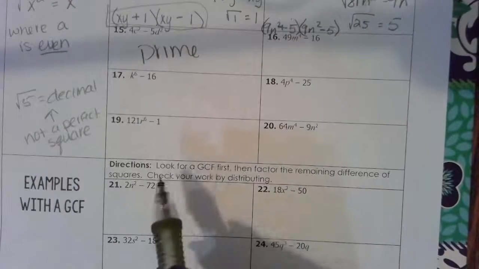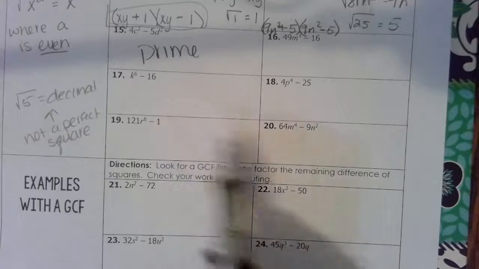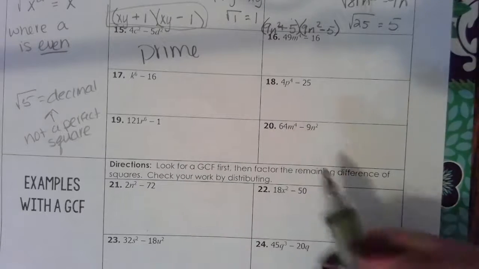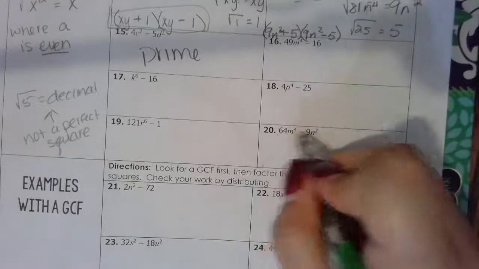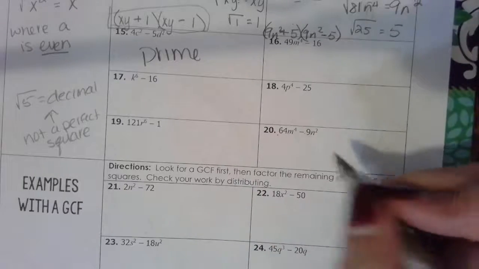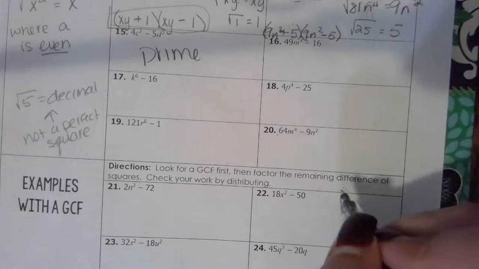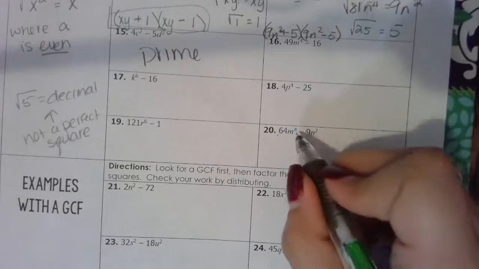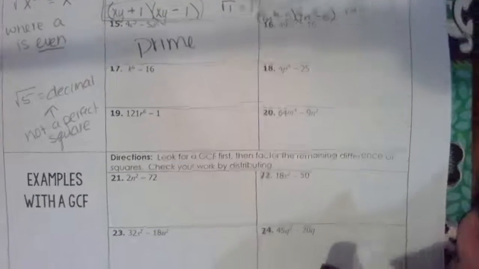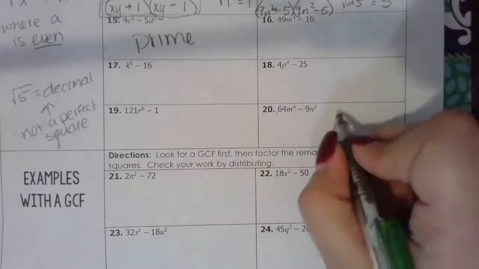Okay, notice on number 20, we have 64m to the 4th minus 9n squared. 64 and 9 are both perfect squares. When you take the square root of both of them, you get a whole number back. You do not get a decimal. And both of your variables are to an even power.